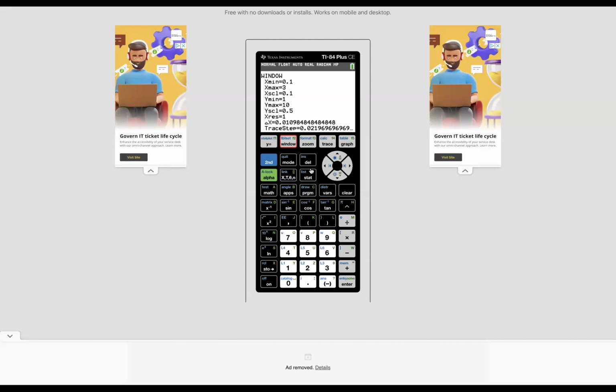Trace step is point... everything is correct, but I don't see the graph. If you get it, I'm going to move on. Did you get it? Yeah.